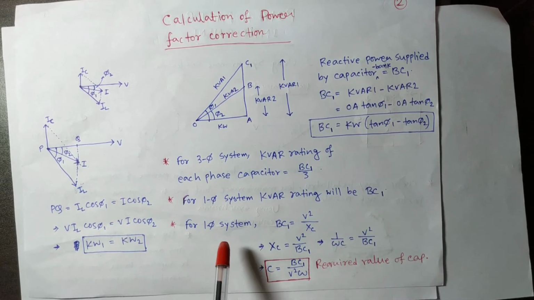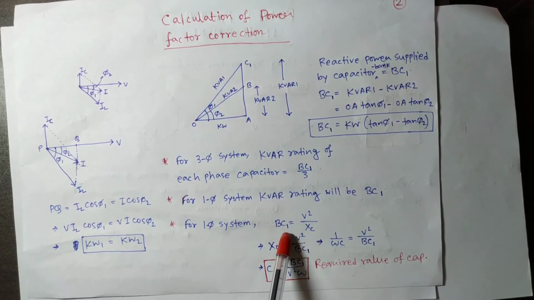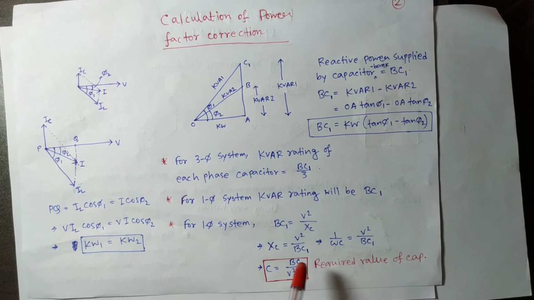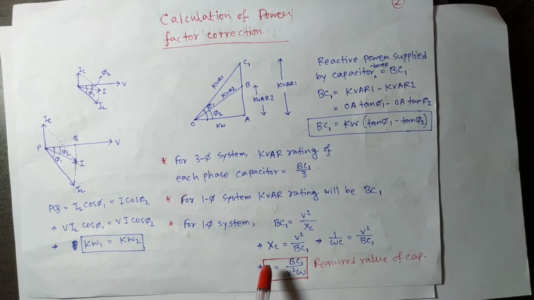For a single phase system you can also write BC1, that means the reactive power supplied, is also equal to V square by XC. After solving this you will get the value of capacitance.